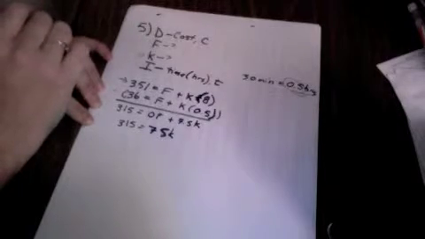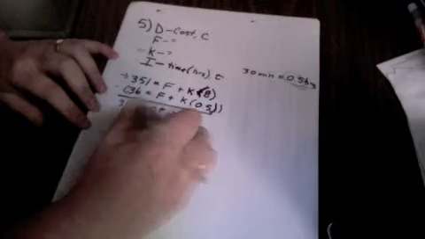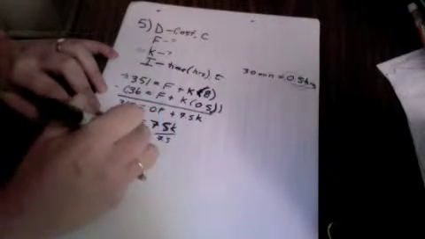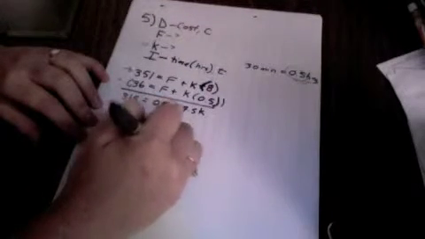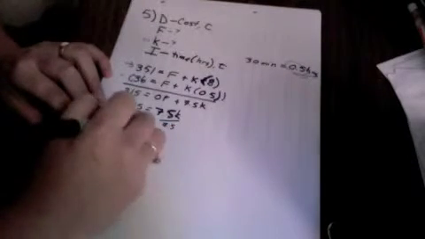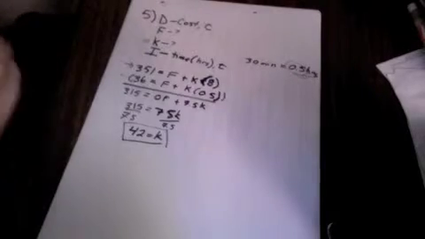Yes. So now we want to get this K all by itself. So we divide by 7.5 on this side, divide by 7.5 on this side. And then we get 42 equals K, or K equals 42. All this is saying is that they're charging $42 per hour.